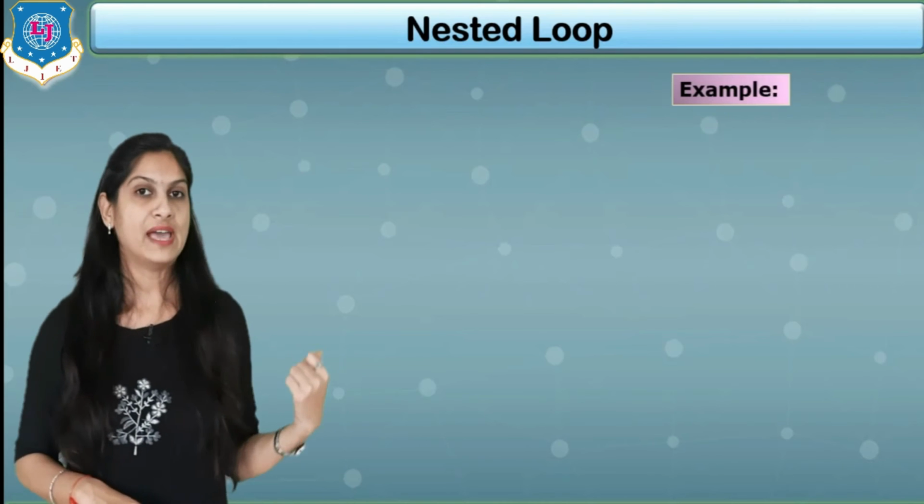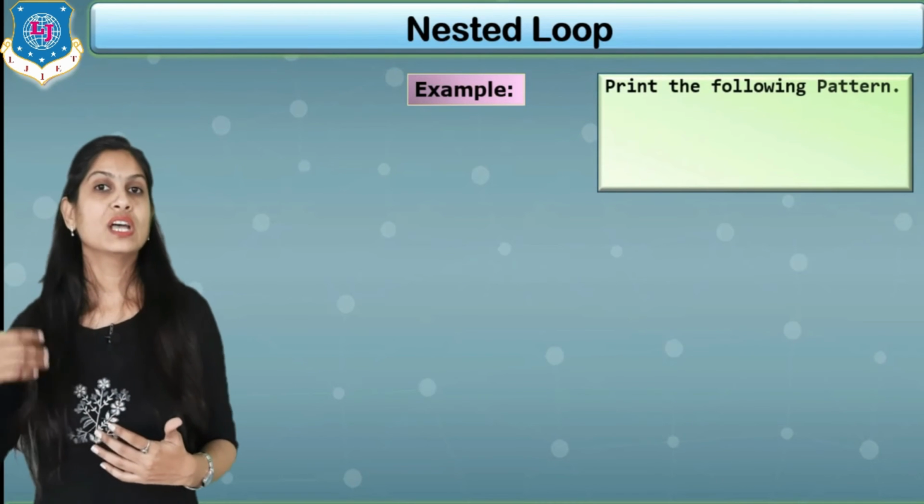Clear? So this concept you can use in a matrix when you want to print the matrix data, or perform addition, multiplication or a transpose of any matrix. I hope you guys understand this concept of nested loop very well.